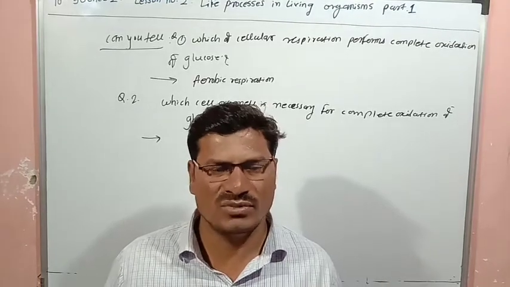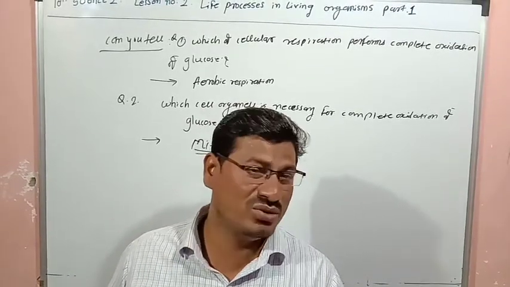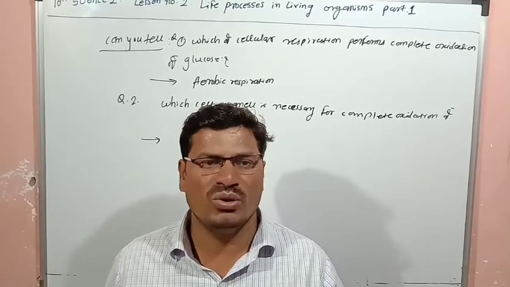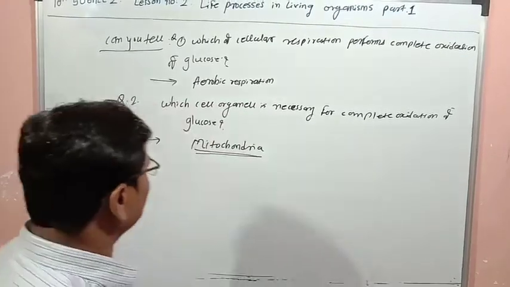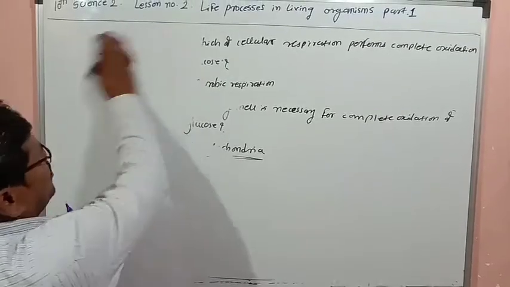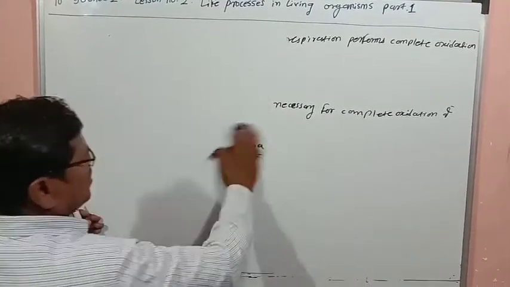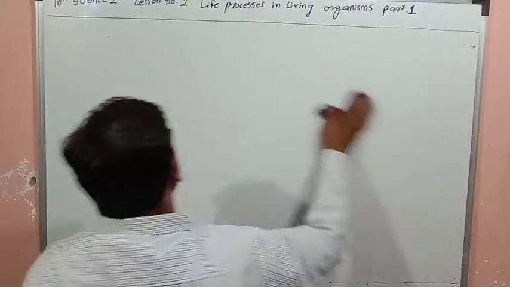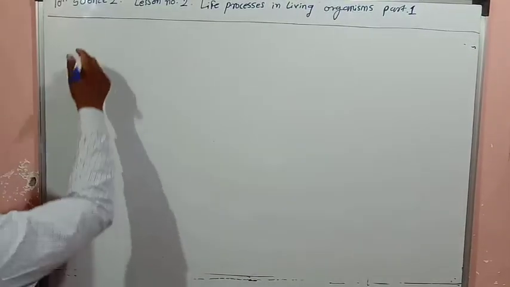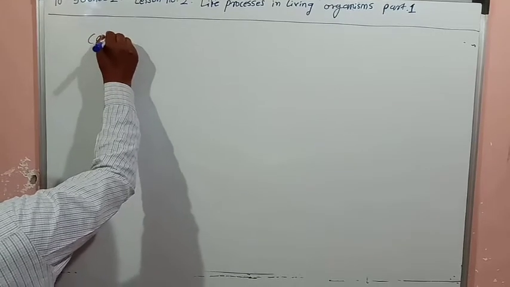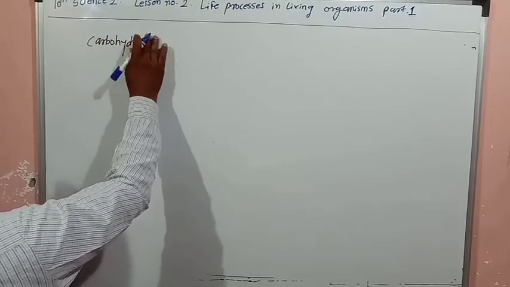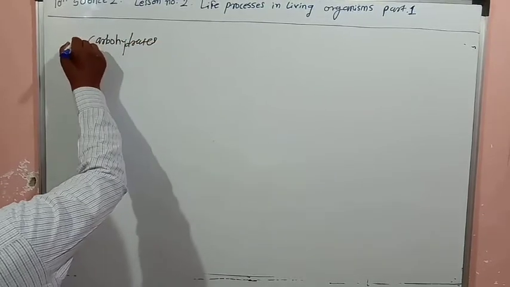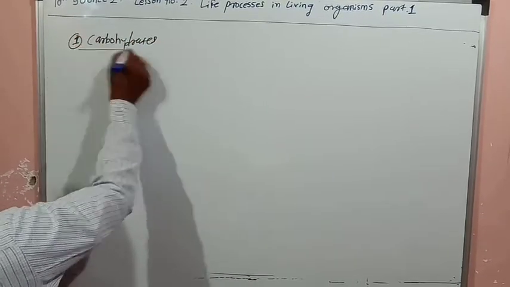Now one by one we will learn the different nutrients, in short. The first nutrient is the carbohydrate.